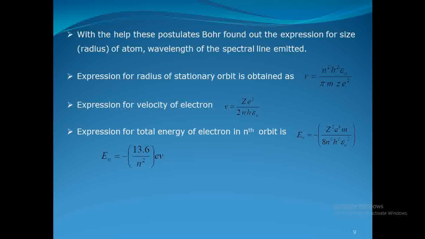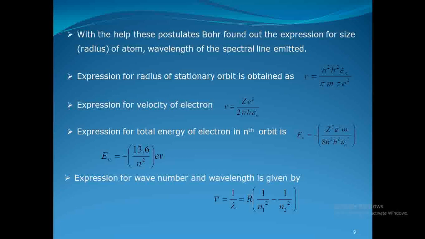This is the expression for total energy. I have not shown the derivations of these three equations, since we are only reviewing, so only the expressions are important. Next, the expression for wave number and wavelength.